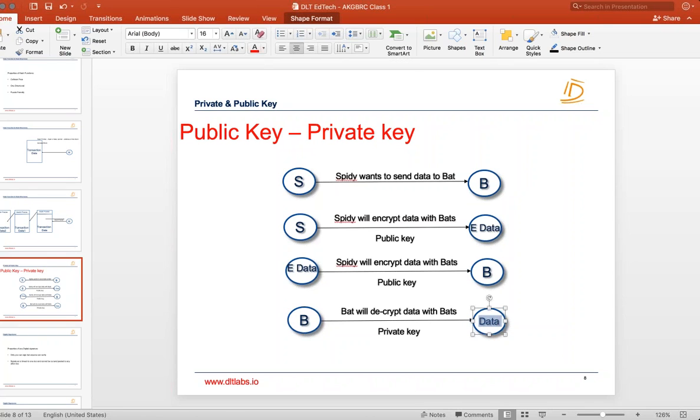This way the data will be secured. Although this is a very simple example, the entire encryption in this world is based on this methodology. So if you understand these four steps properly, you are one step closer to understanding any encryption methodology going forward. And this is also what is followed in the blockchain system.